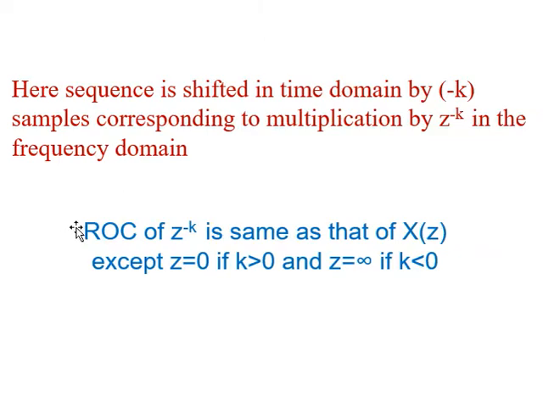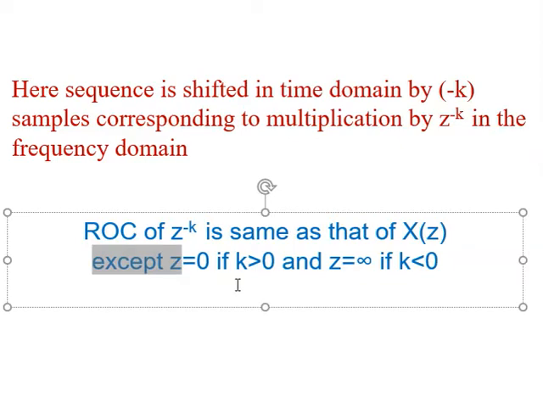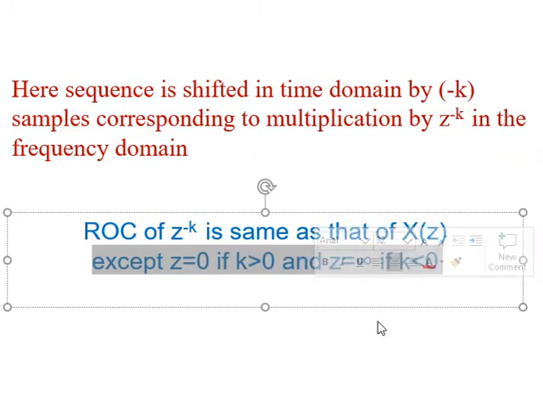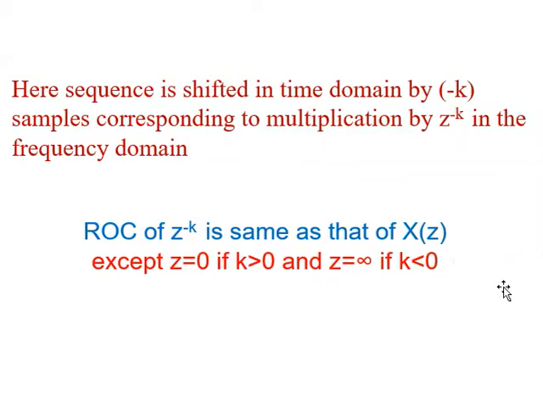The ROC of z raised to minus k X of z is the same as that of X of z, except z equal to 0 if k is greater than 0 and z equal to infinity if k is less than 0.